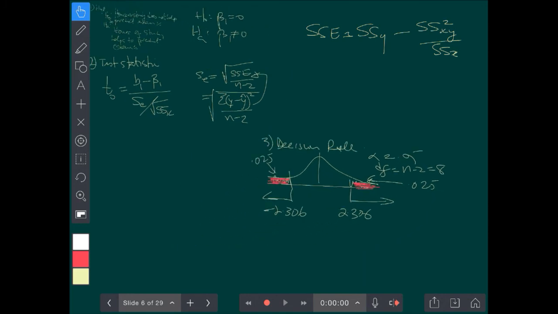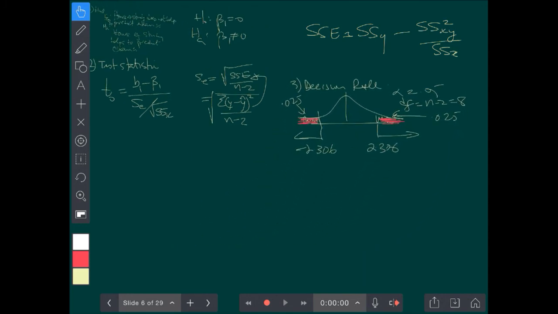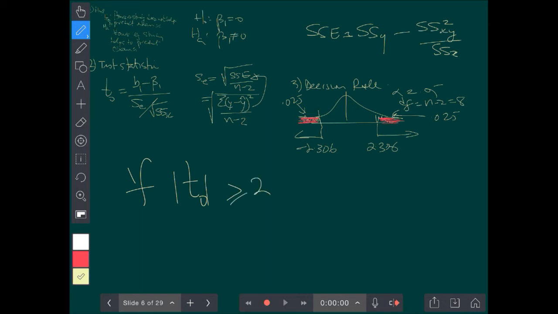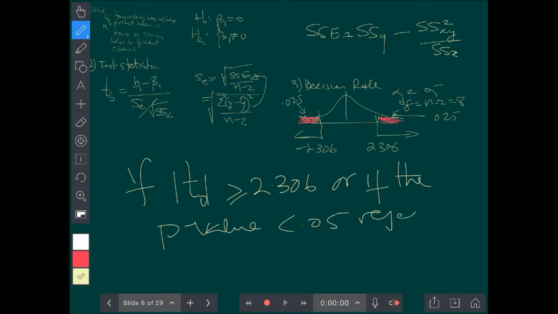Squishing this to make a little space, we have: if the absolute value of our test statistic is greater than or equal to 2.306, or if the p-value is less than 0.05, reject the null hypothesis. And then we will conclude HA.